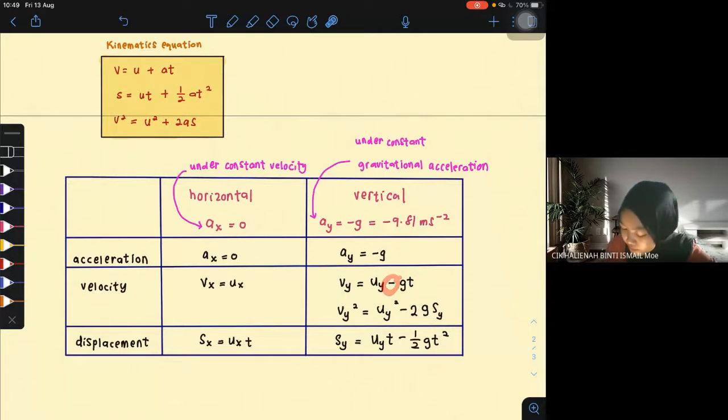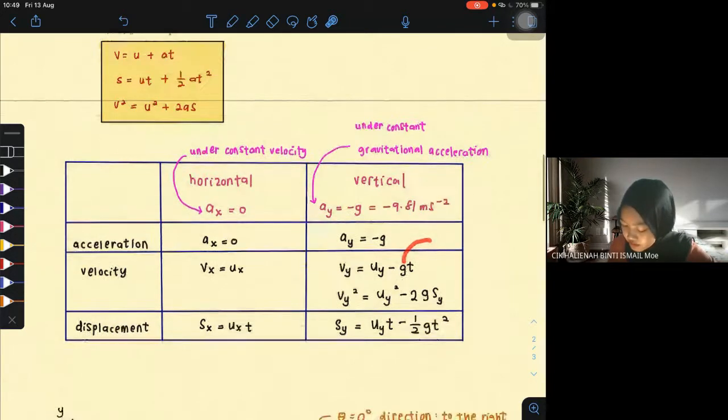So bila kamu substitute value untuk g, is just 9.81. Tidak perlu lagi letak negative because g ni memang positif. So this one pun sama juga, kita hanya ubah kepada negative g. Sama juga untuk displacement, kita ubah kepada negative g.